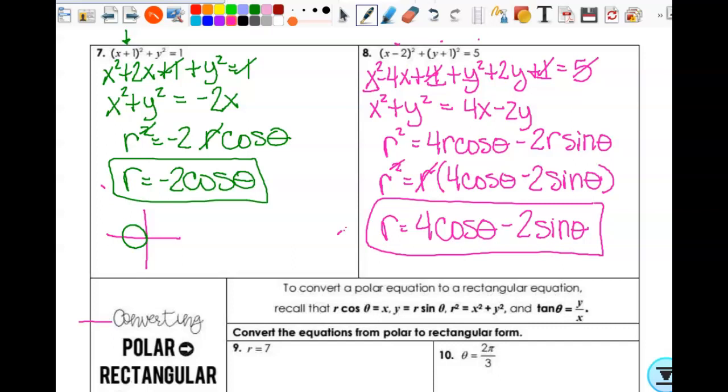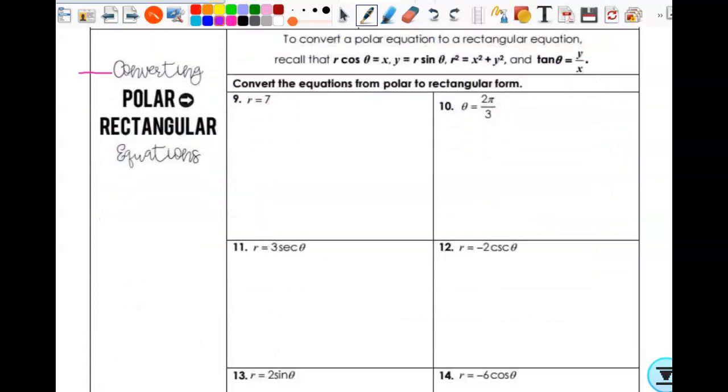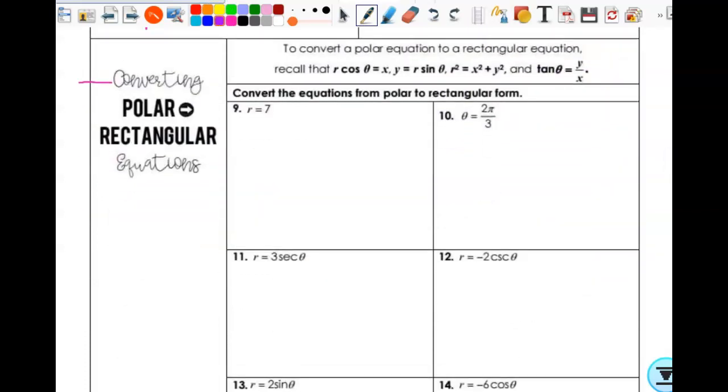Okay, so now we're going to convert the other way. We're going from polar to rectangular. So to convert a polar equation to a rectangular equation, we're still using these same kinds of things, right? But different forms of that can help me a little bit more, because since r squared equals x squared plus y squared, we know that r equals the square root of x squared plus y squared.